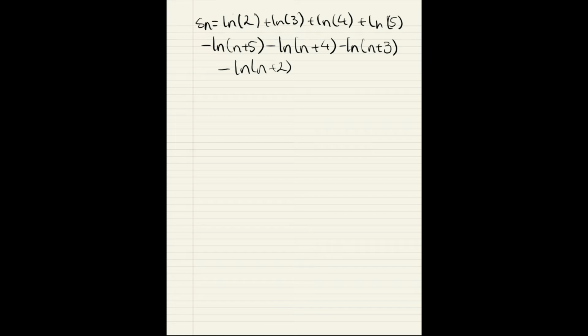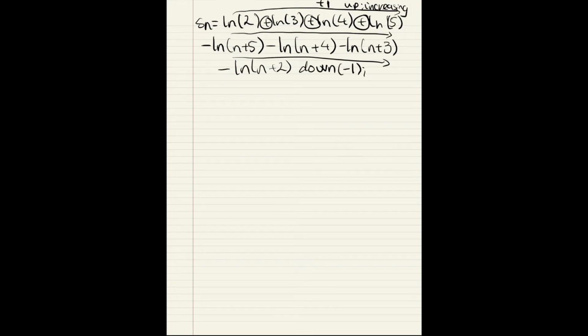See, this one is moving upward, plus 1 values and positive. And this one is moving downward, minus 1, negative, and decreasing values.